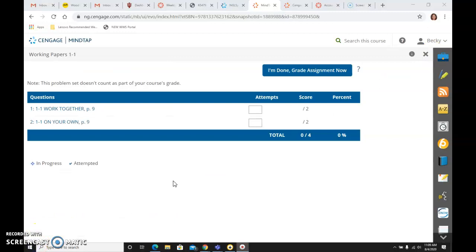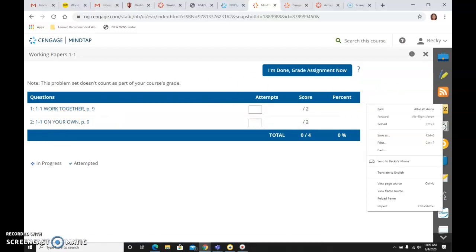The On Your Own is in that same Working Papers 1-1, page 9. It is just like the Work Together, only with different numbers. These will not be taken for a grade.